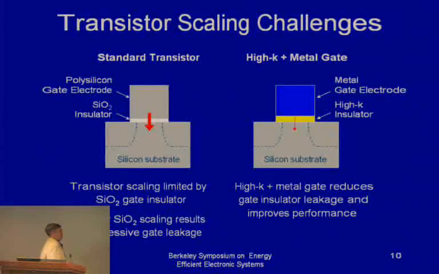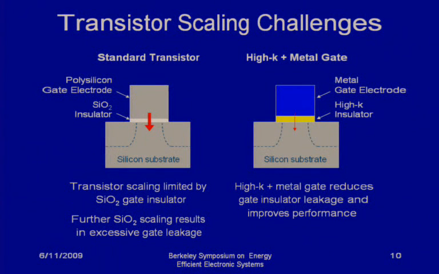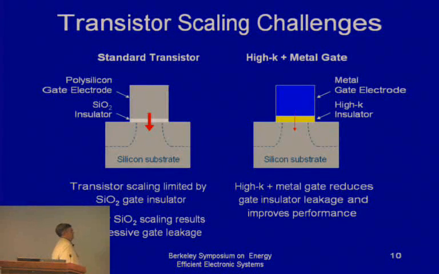In order to address that problem, you have to go to a different insulating material, a high-K, where you get a bigger physical thickness but the same or decreasing electrical oxide thickness. This has been known for many years, but it was a huge technological problem to find a high-K material that would be consistent with the silicon stack, so that it would not decrease the mobility in the silicon channel appreciably, and also be consistent with the rest of the technology.